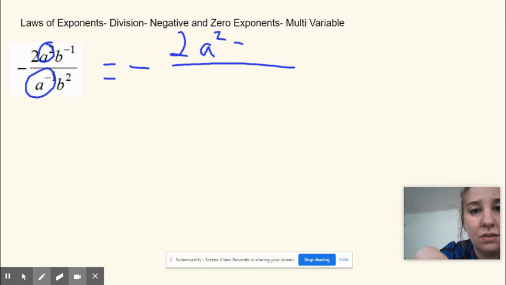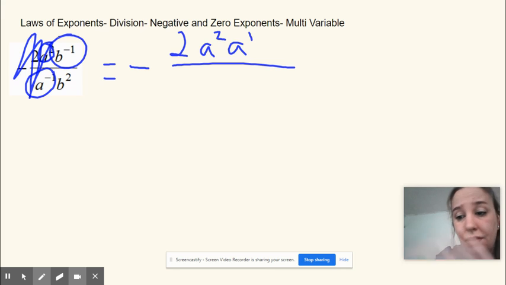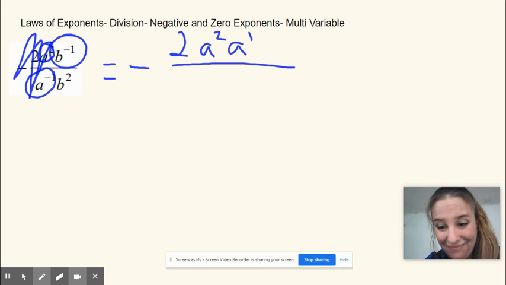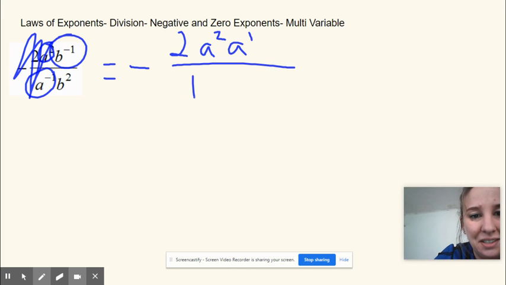A to the first. All right, I'm done with my coefficients and my a's. Let's focus on the b's. This b is not okay where he is. He's very, very negative and sad in the attic. So we bring him downstairs, make him happy, make him positive. B to the first. Done with that. This guy's just fine where he is.